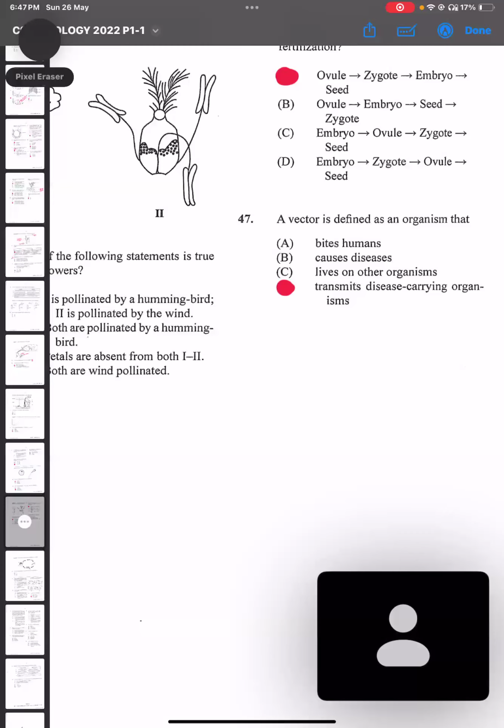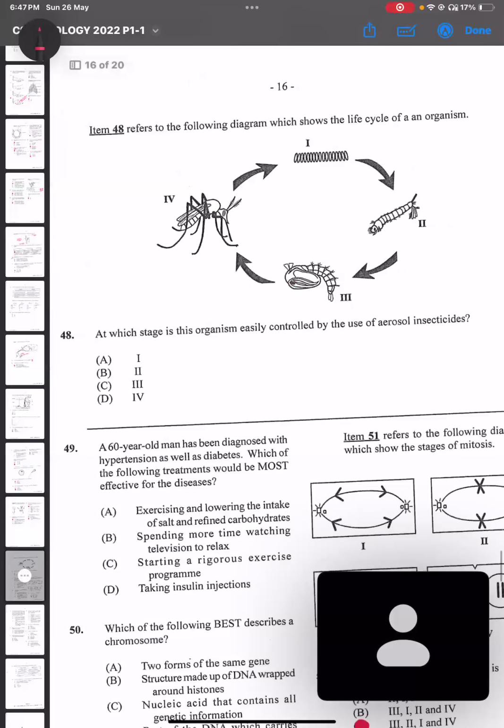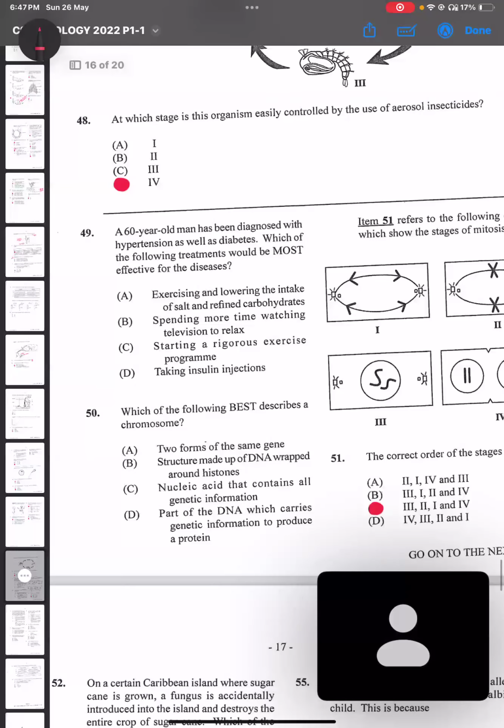Then you have 48. You know, 48. We should know 49. We know 50.